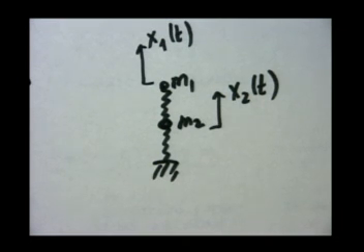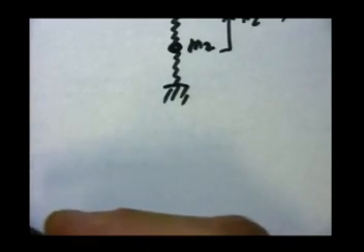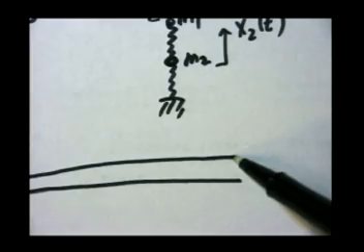So I need 10 coordinates. I need to know where the first raisin is, where the second raisin is, etc. Now, for the beam, however, let us consider this beam, or a bridge, if you want.